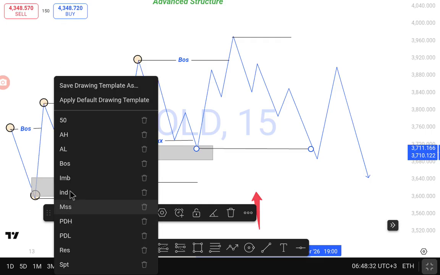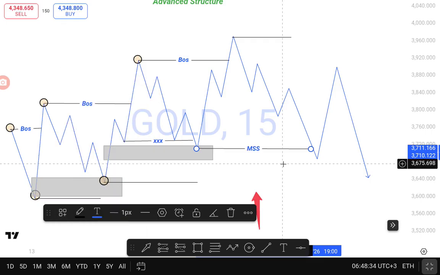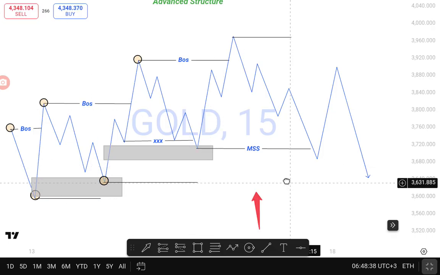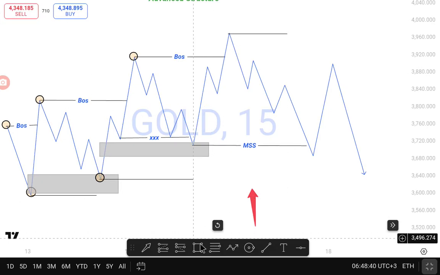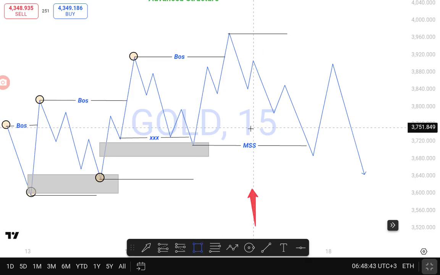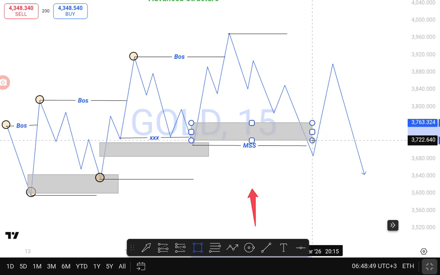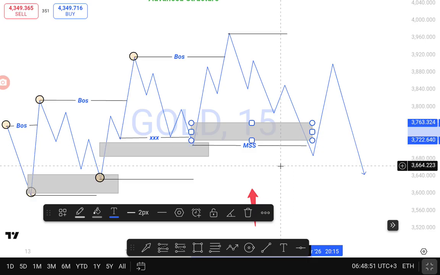So what do we get? We get what we call a market structure shift. So we have shifted from buying back to selling. Now when you have been using market structure to take a trade, you may find yourself with what we call a loss here.